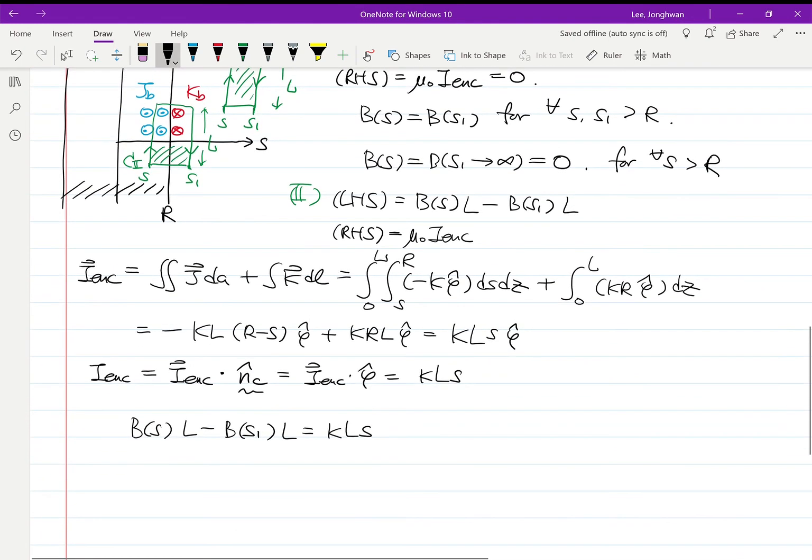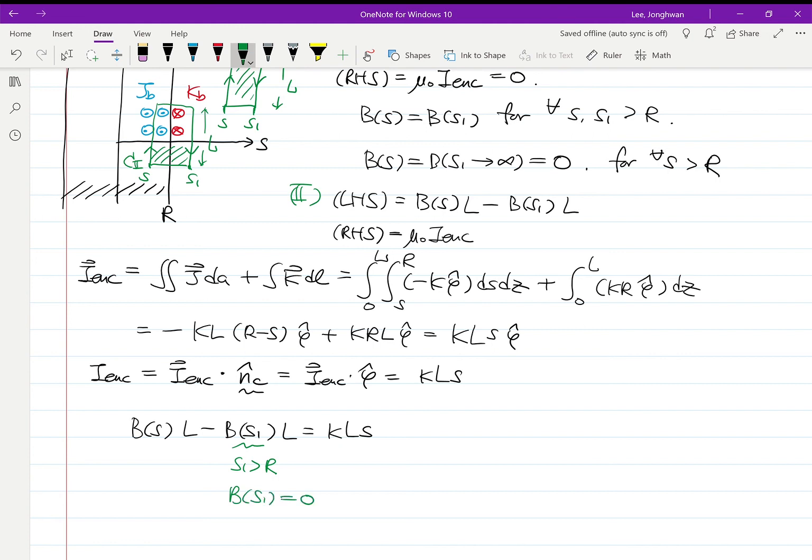but here you can see this S1 is larger than R, and we found in region 1, B S1 equals 0.